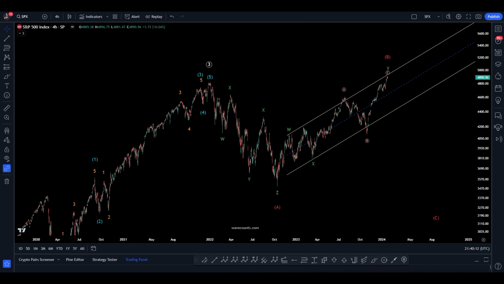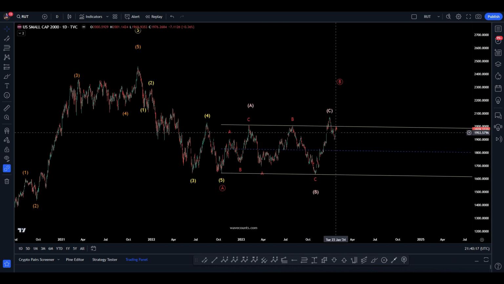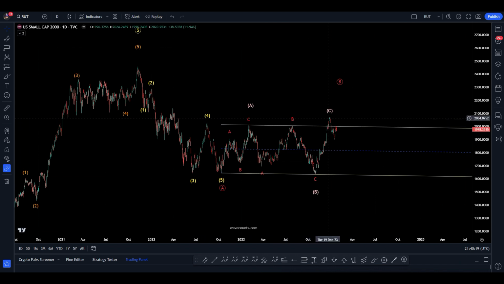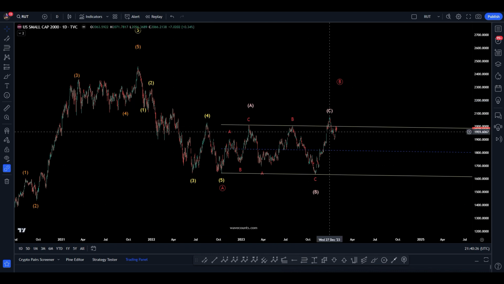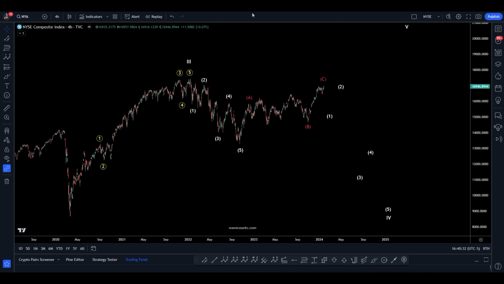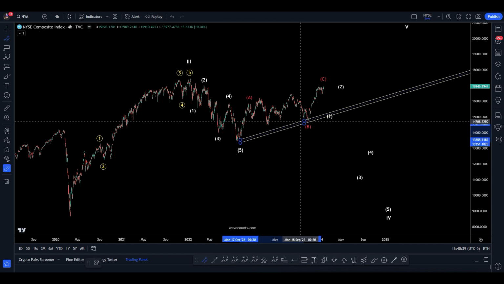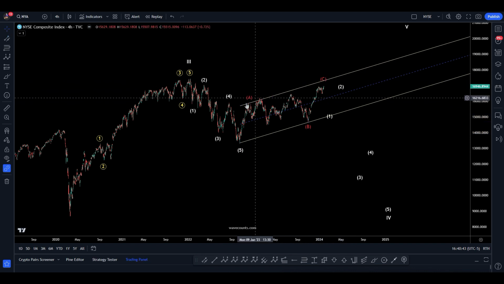The Russell 2000, a 3-wave move contained by parallel lines. And as far as this one, it didn't go, but you still got a throw over, which is actually preferred. You want a little throw over that comes right back into the channel, back tests it and continues on. The New York Composite, contained by parallel lines. I didn't even put them up because it's so contained. Not even close to breaching the top of this yet. It's so contained.